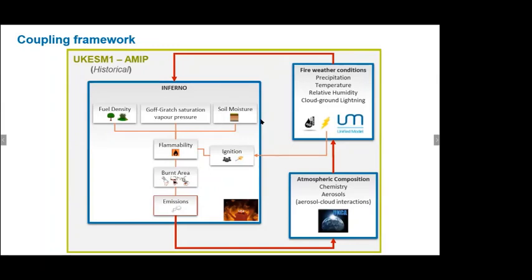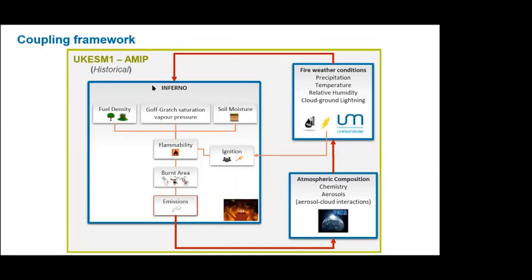using UKESM. So the coupling framework looks like what's in here. We've taken the UKESM1 AMIP historical run and we coupled INFERNO. INFERNO is the fire model that we are using. It's very simple.